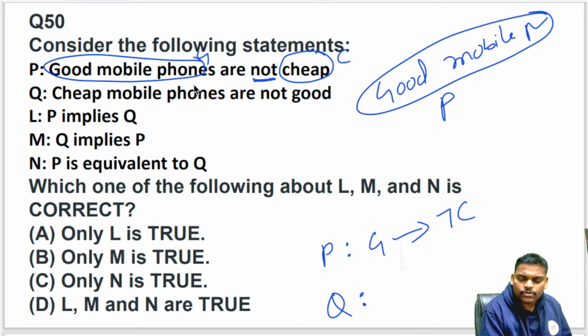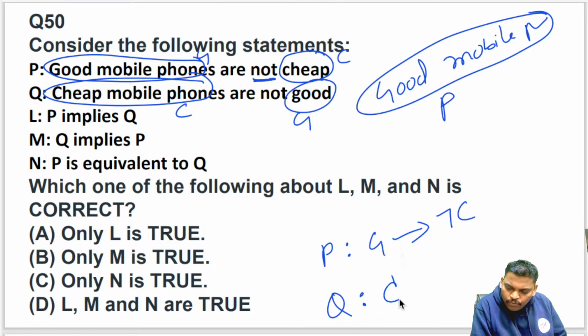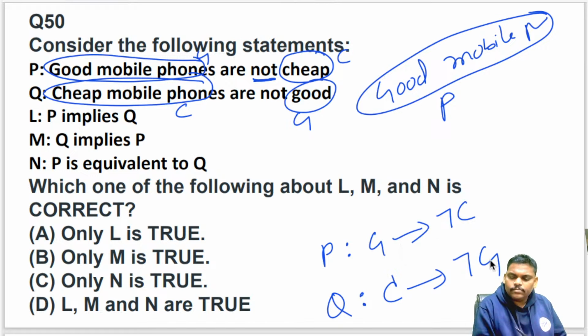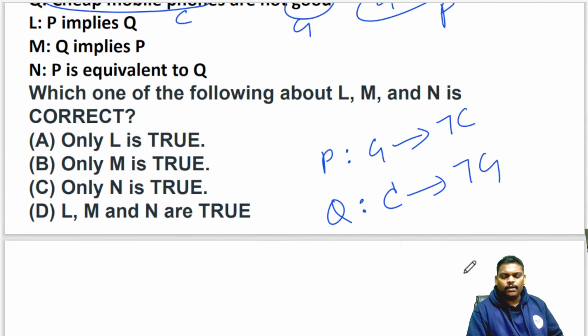Cheap mobile phones is C, good mobile phones is G. So cheap mobile phone C goes to negation G. That is the one. I think everyone is fine till now.